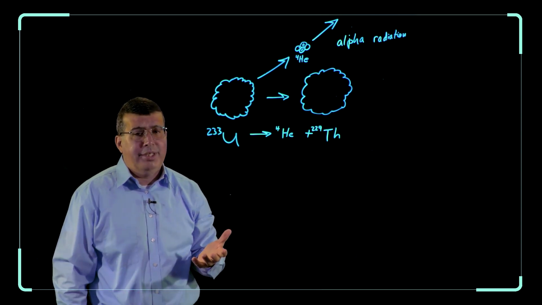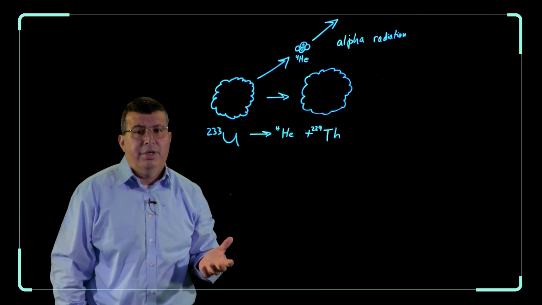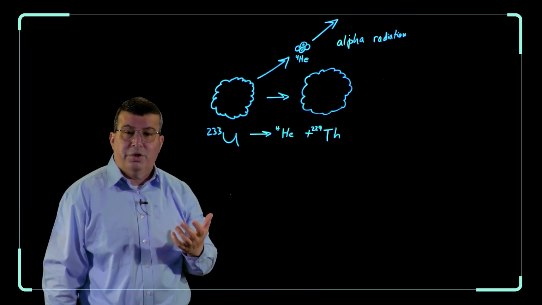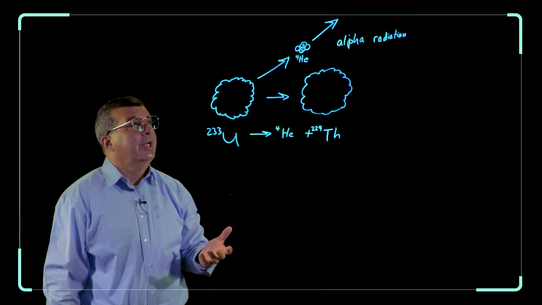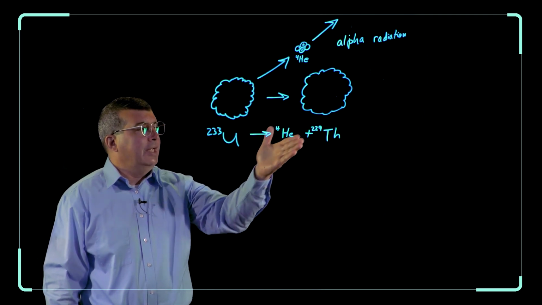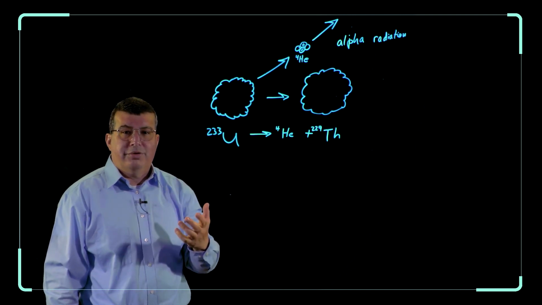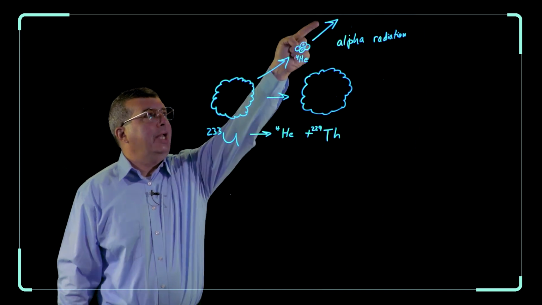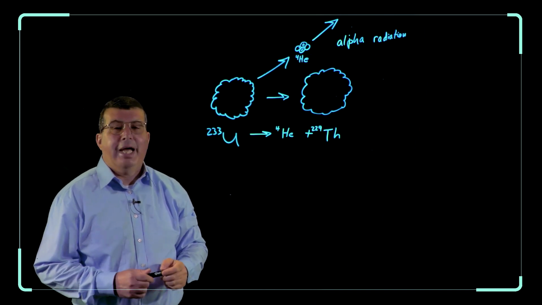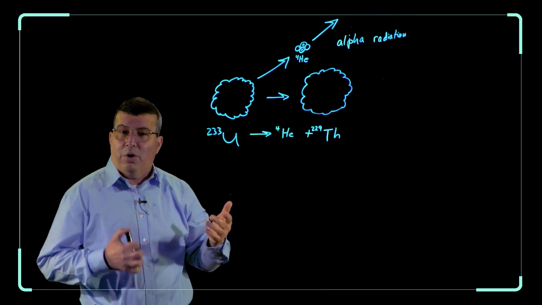Now, alpha radiation and beta radiation occur spontaneously whenever the result is a lower total mass energy. So the total mass energy of a helium and a thorium must be less than the uranium. Where does that energy go? That energy goes into the kinetic energy of the alpha particle, of the helium nucleus that gets shot out, or in the beta particle.